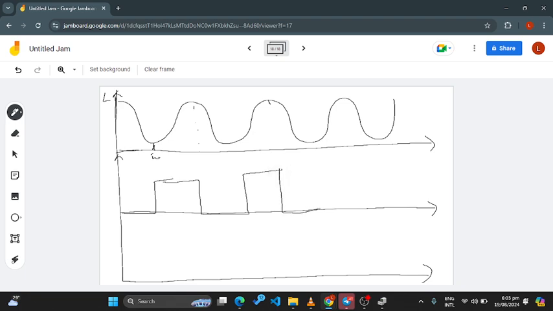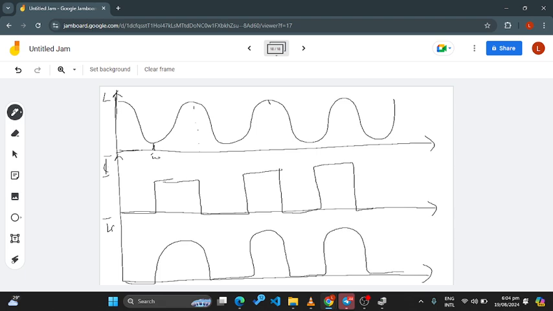Then I know the torque is also going to vary. So this current, I, then I draw a torque. This one will be sinusoidal in nature.